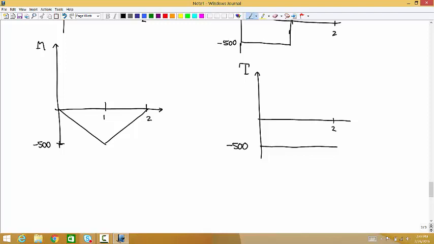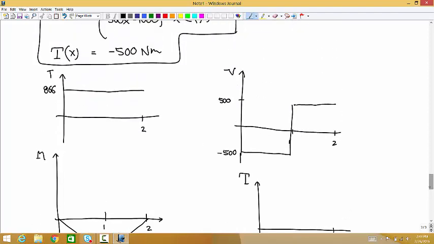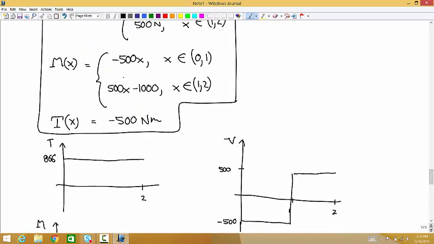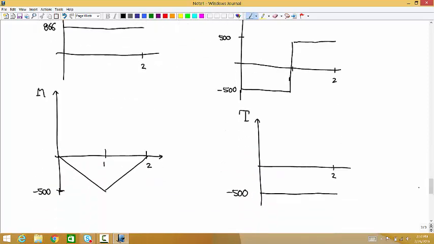You just start at minus 1,000. Doesn't that shift it down? It does, but if you plug in 1, you get negative 500, which means it starts right where this one ended, and plug in 2, and you get 0.